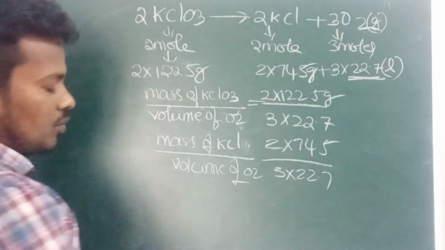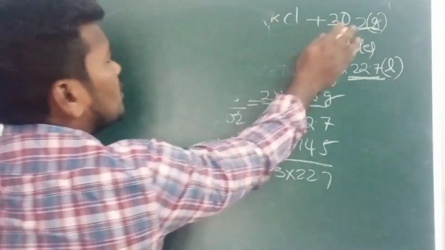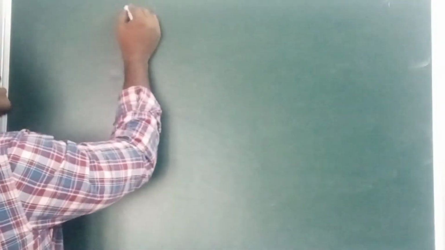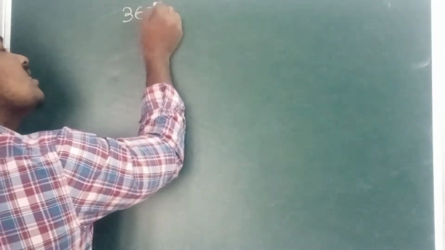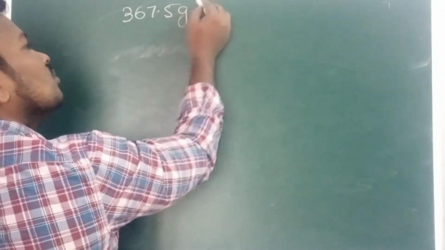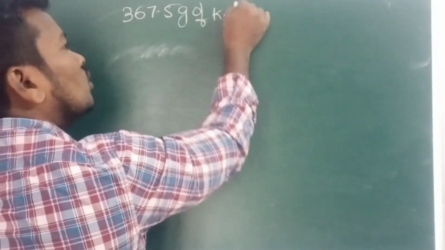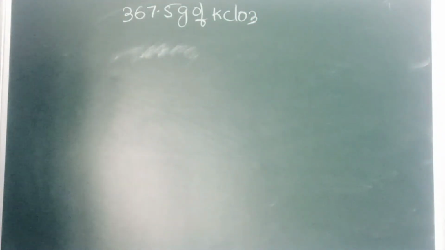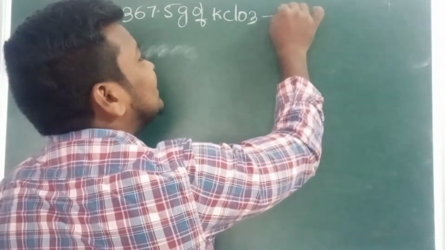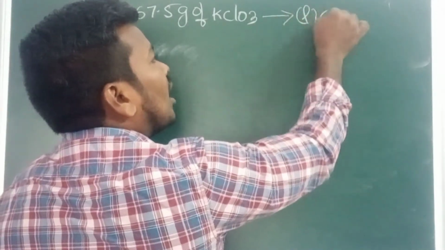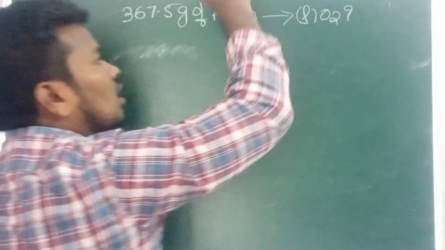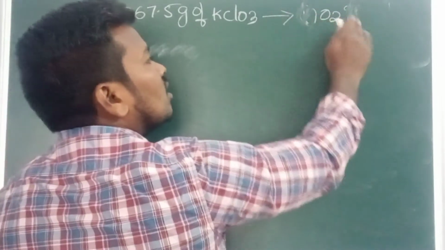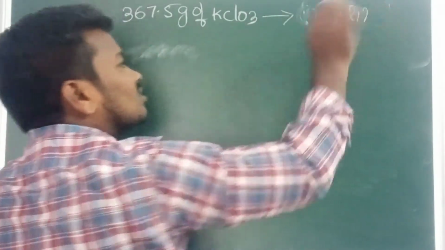Now we will do one numerical, the same numerical, but here a small change happened. 367.5 grams of KClO3 on decomposition, how many liters of oxygen is produced? They are not asking about the mass.